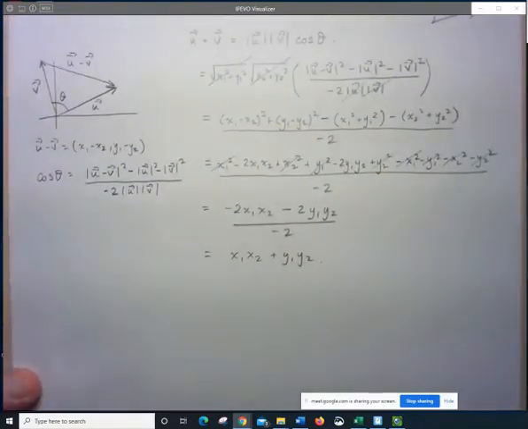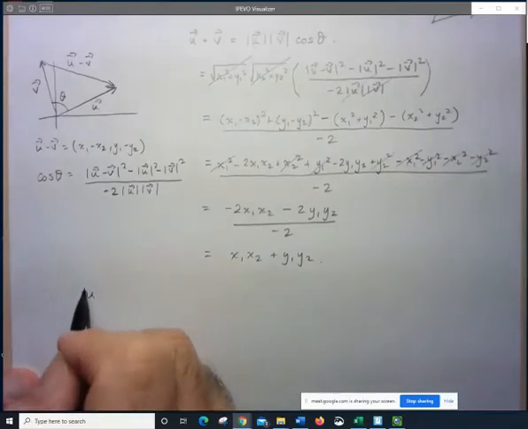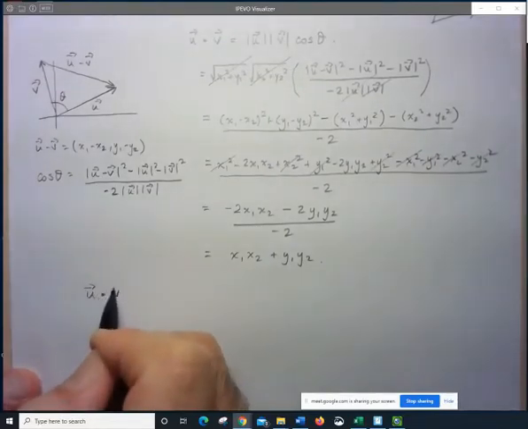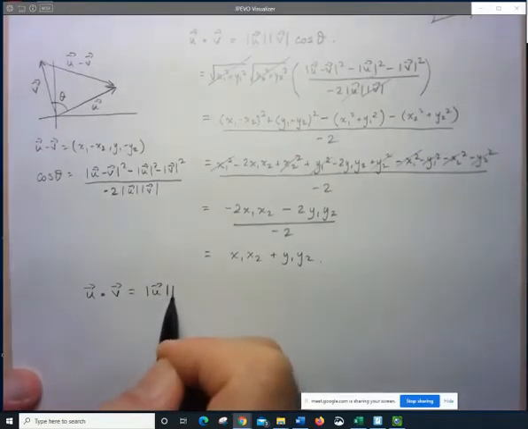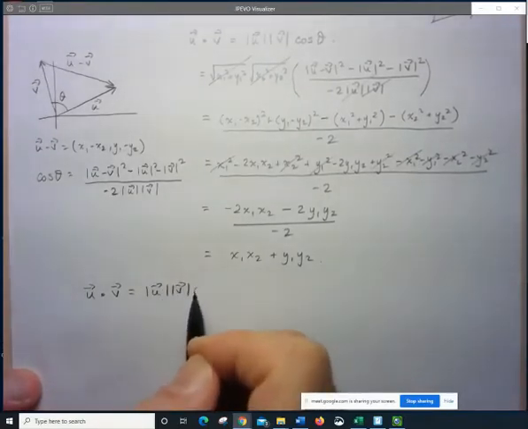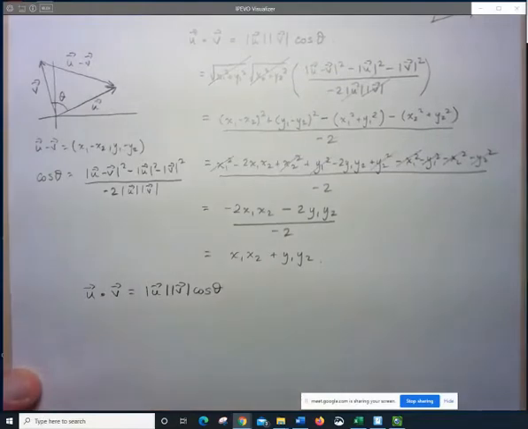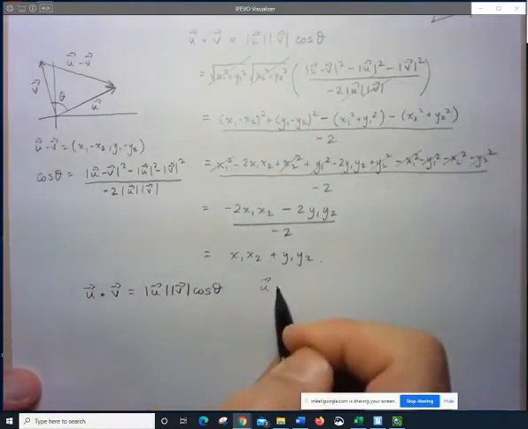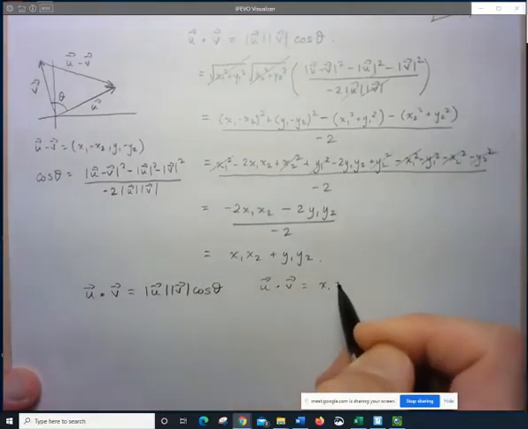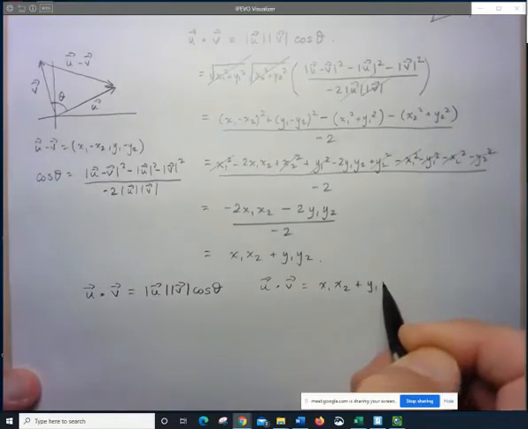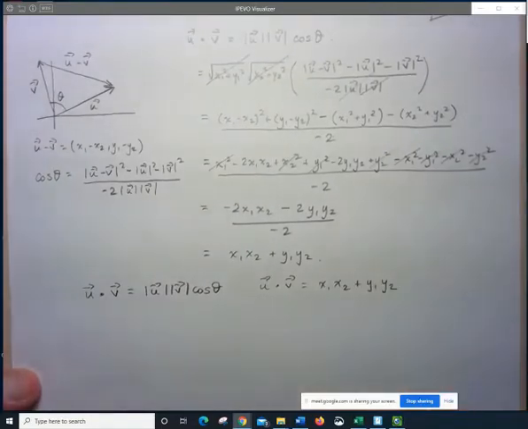So our conclusion here is that you have your two definitions of this operation called the dot product. You have the geometric definition, and you now have the algebraic definition.